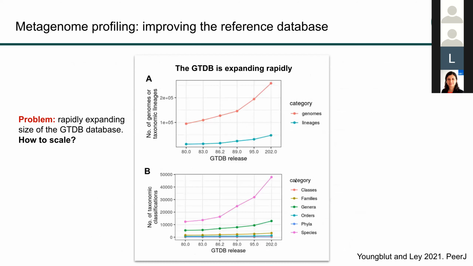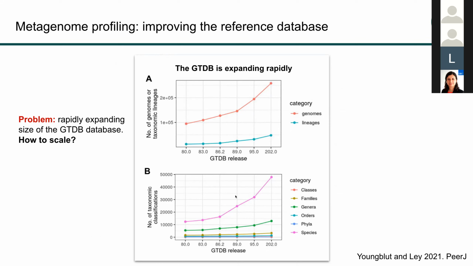The problem here is that we quickly faced that the GTDB is rapidly expanding. So we created Struo at release 89 of GTDB, and it's now on 202. You can see how much it's increased in the number of genomes, gone from 150,000 to 250,000, and the number of species has basically doubled.